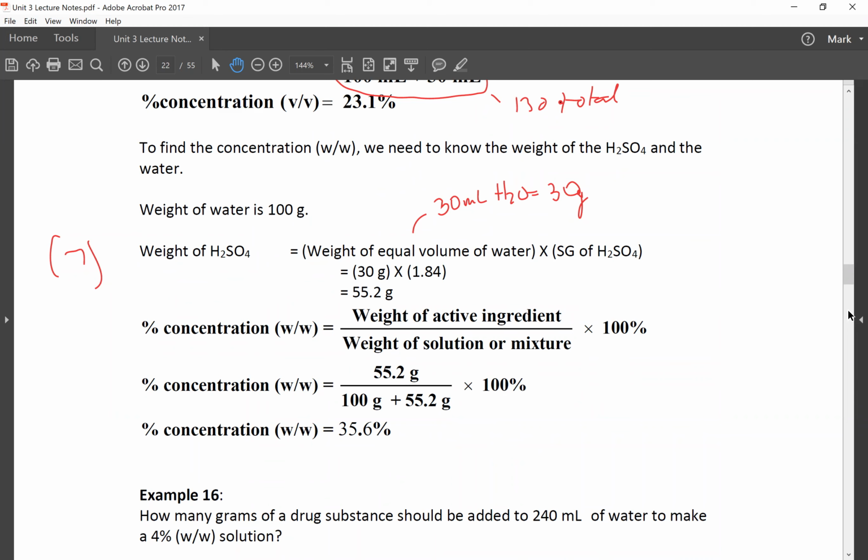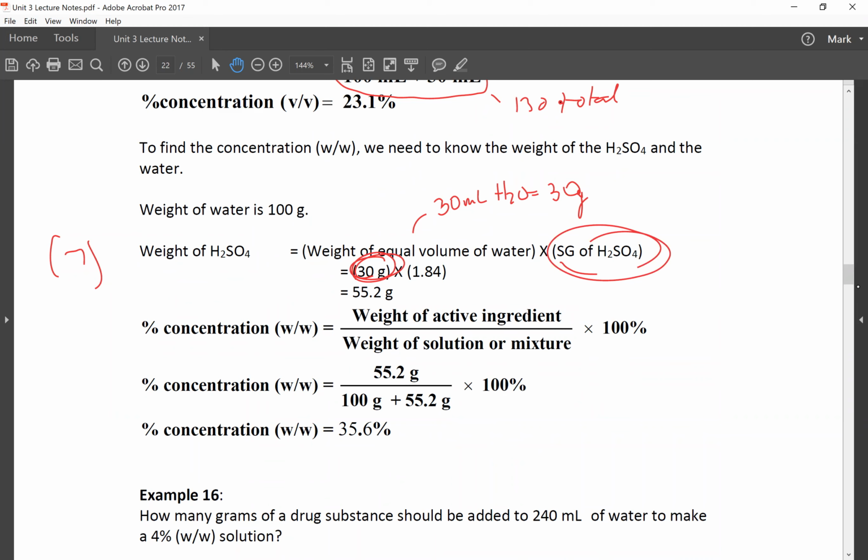Or actually, 1,000 milliliters is a liter, which is a kilogram, or 1,000 grams. Anyways, I take that weight, which is 30 grams, and I multiply it by the specific gravity of that chemical.